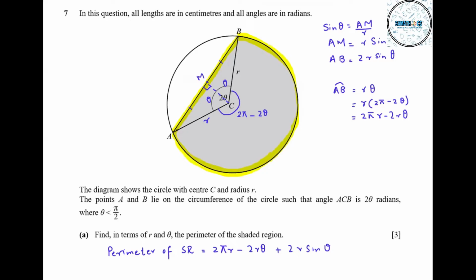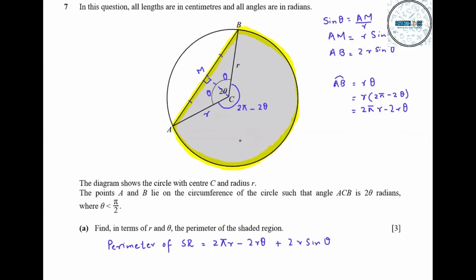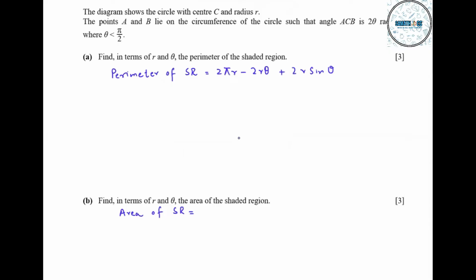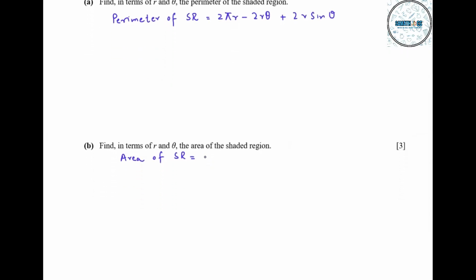We have this R and we have this R, so these are the two sides, and this is the angle, which is 2 theta. And for area of sector, we have the formula half into r square theta. So we have area of shaded region is equal to 1 upon 2 r square theta plus 1 upon 2 AB sine theta.